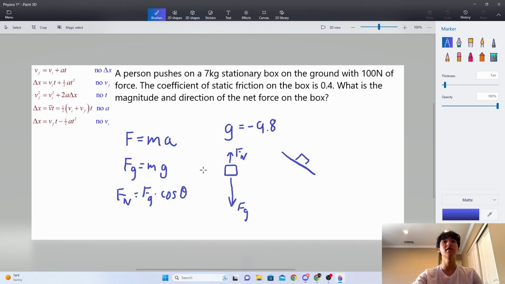This is on a horizontal plane, so the angle being created is 0 degrees. F of g times cosine of 0, and cosine of 0 is literally just 1. So it would just be F of n is equal to F of g, and in this scenario these guys are just equal to each other.